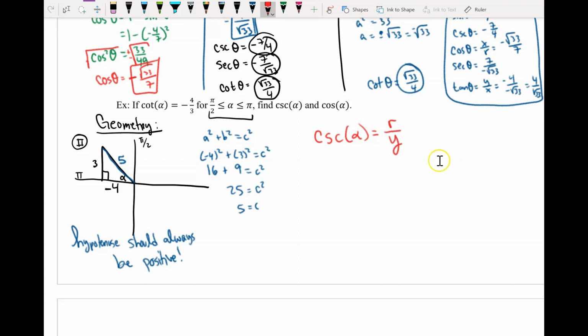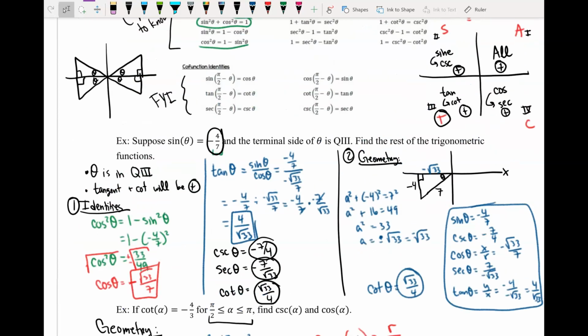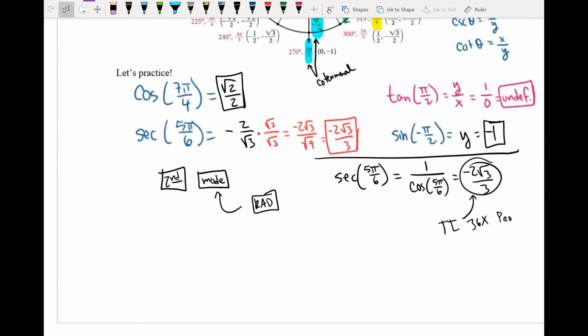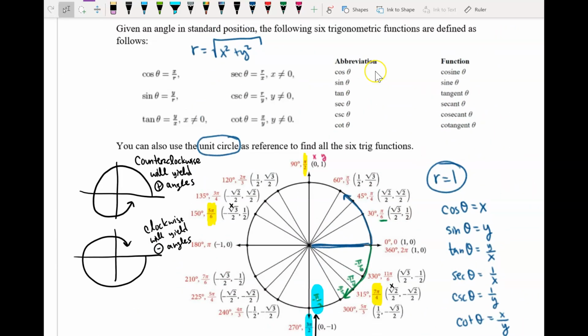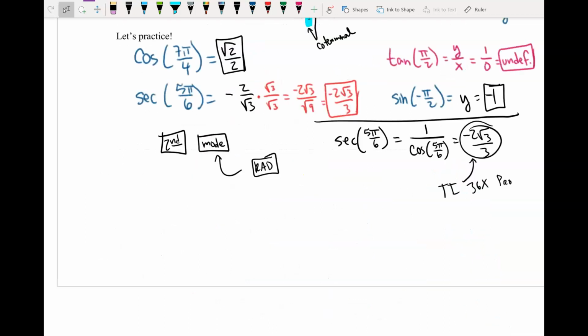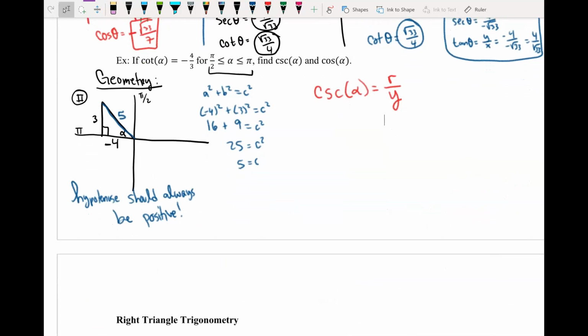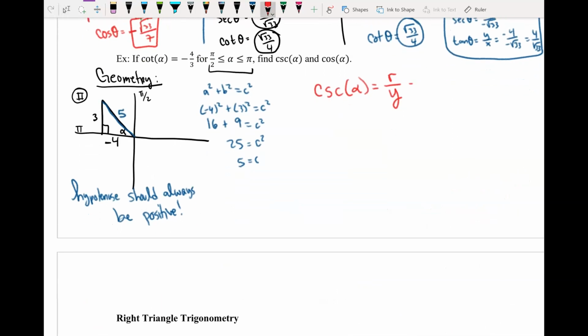Okay, and if you want to know where I'm getting this, you can just go back up to the notes and see where we defined all of them. And you can see that the cosecant is just the r over the y. So r in this case is going to be the 5, which is the hypotenuse, and y in this case is 3. So it's going to be 5/3.